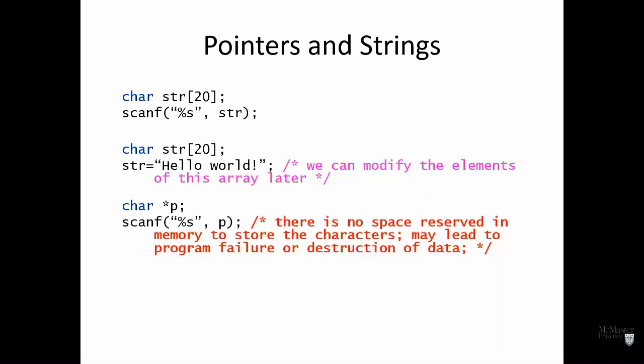Right? So if I assign the string hello world, and then I define another pointer of type character, and then I do the same thing as I do here, I would have a big problem. Why? Because a pointer of type character is going to point to a single variable of type character, but it cannot point to multiple memory locations.